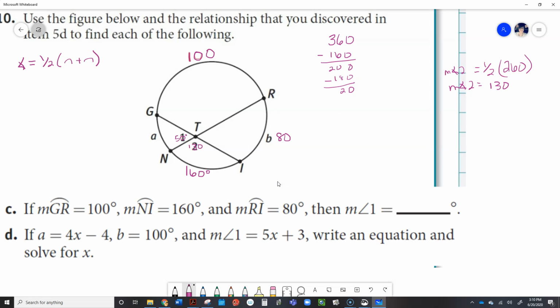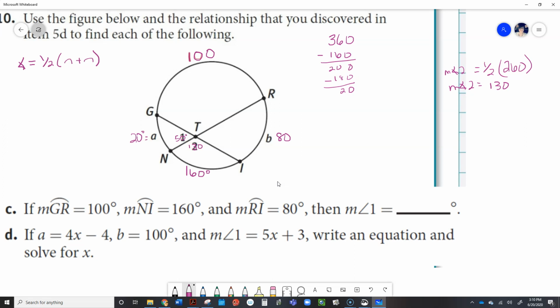Another way that you could do it is if we've got all of this known, then we can find arc A by taking 360, take away the 160, you get 200, take away the 100, take away the 80. That means that A right here is 20 degrees. So take all of these known angles away from 360, you get 20 degrees.